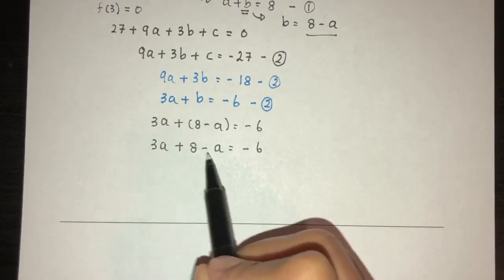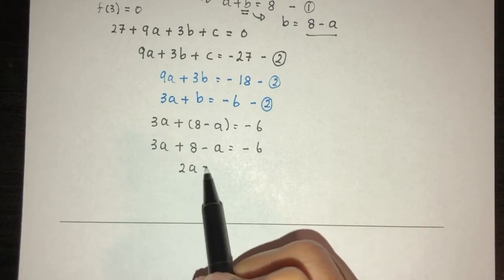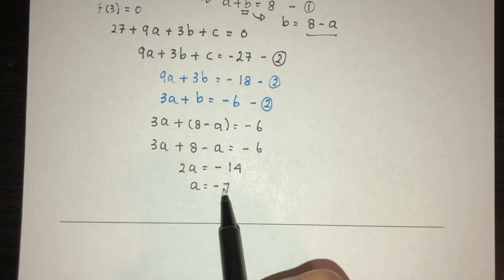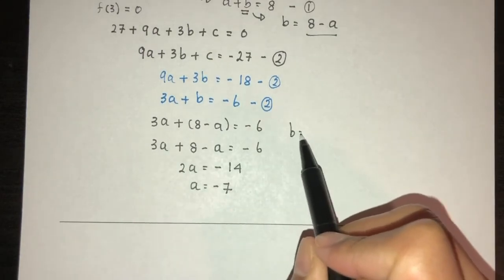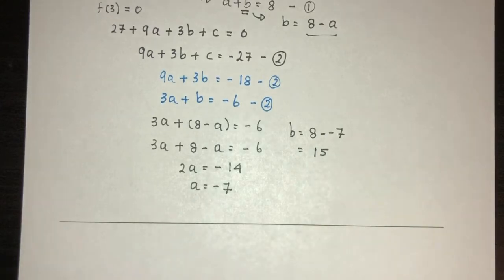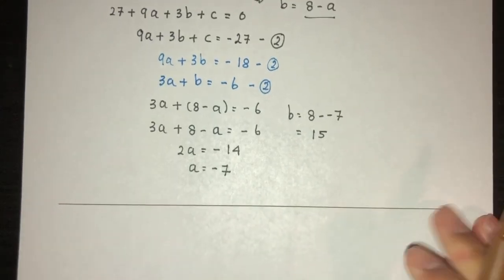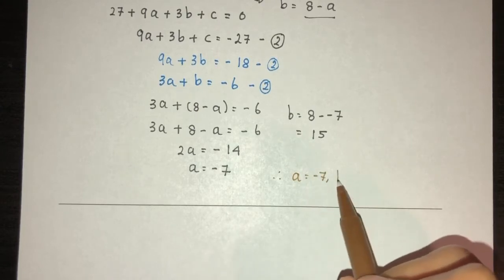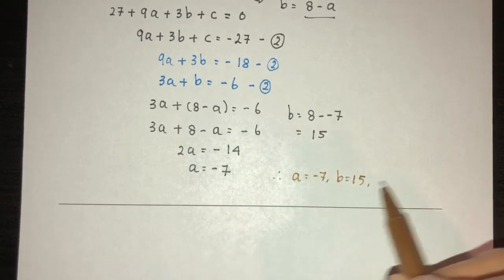So 3a minus a will be 2a. That will be minus 14. a will be minus 7. So b will be 8 minus minus 7. That will be 15. So you realize that the value of a is minus 7, b is 15, and c is minus 9.